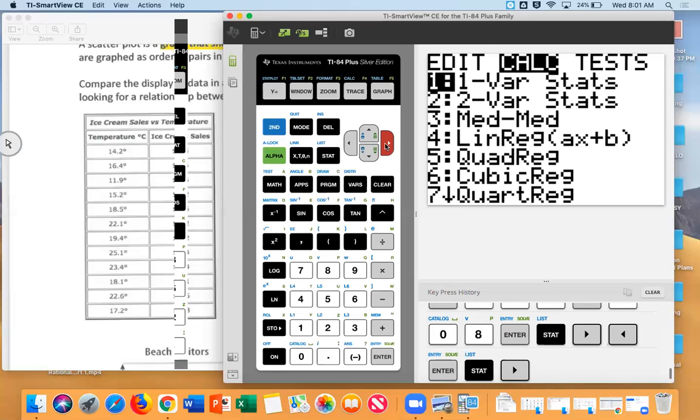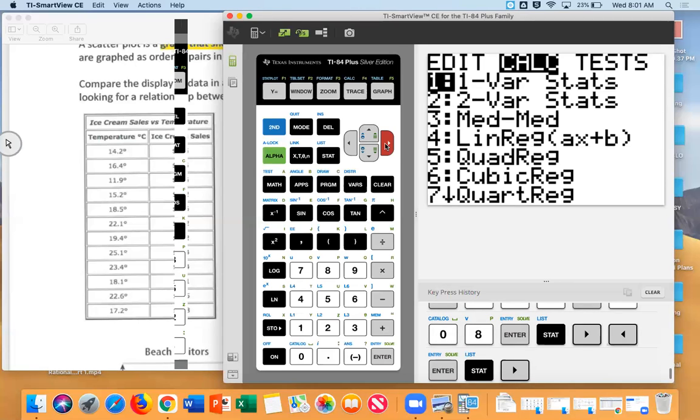What was the equation of a line? Hope, what was the equation of a line? Y equals what? Oh, y equals mx plus b.